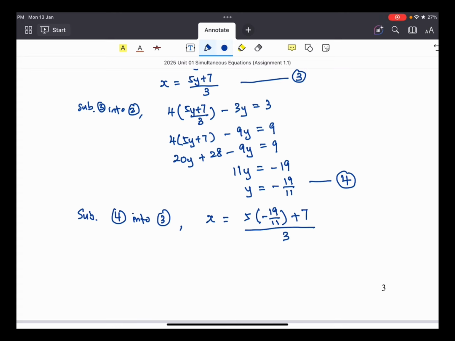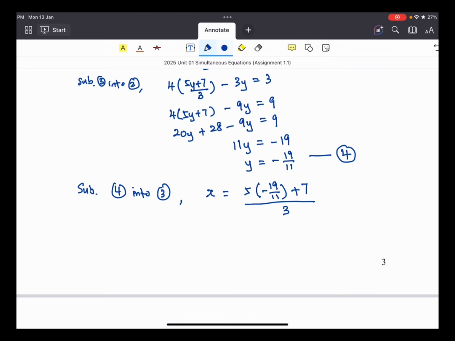And then just use the calculator. At this point, you are allowed to use calculator. We will have, let me just write it here, equals negative 6 over 11. Okay, so after this, we just write down, therefore, solution x equals negative 6 over 11, y equals negative 19 over 11.